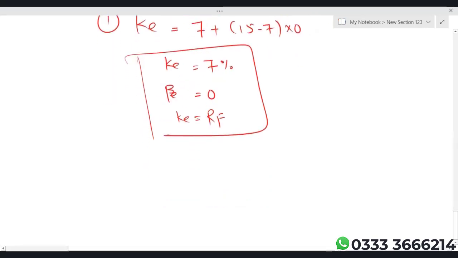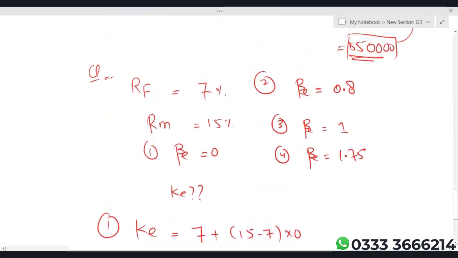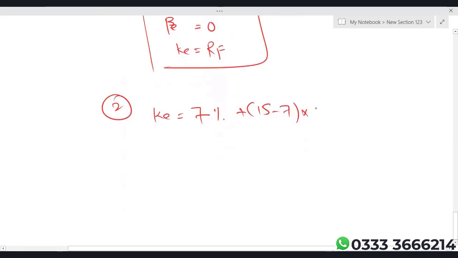If beta equity is equal to 0, K will be equal to RF. Second, K is equal to 7%, RM is 15 minus 7, and equity beta is 0.8. Let's see what we are getting. Students, I'm getting 13.4%.